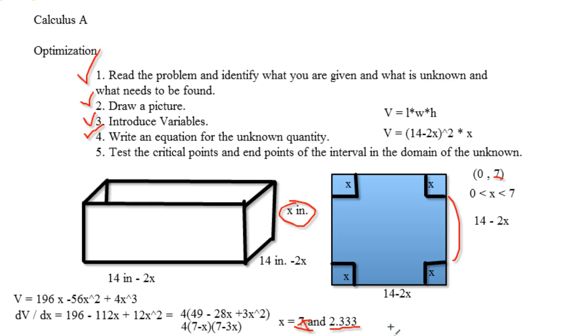So I go 196 minus 112 times 7/3, plus 12 times 7/3 squared. I'm going to use 7/3 to get all those 3's in there.